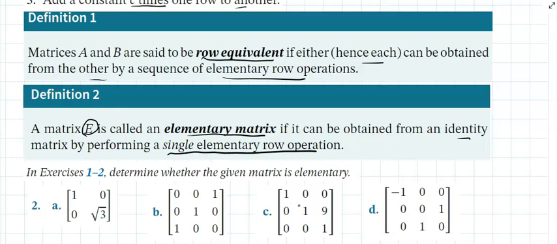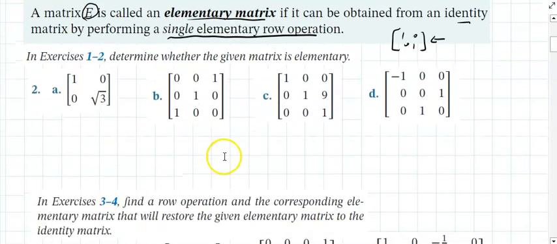So you take the identity, say we're talking about 2 by 2. We say E is called an elementary matrix if it can be obtained from this identity by applying on it just one row operation. Exactly one. Looking in the book at examples 1 and 2, it says determine whether the given matrix is elementary.